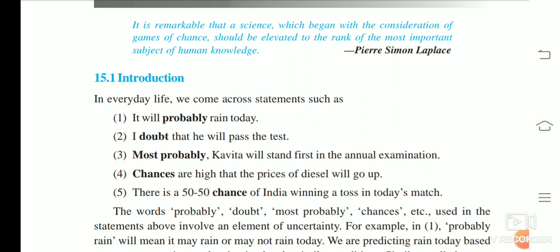So, we know the meaning of the words. Now we are going to relate these words to probability in mathematics. Words like probably, chance, most probably have different meanings in English, but here we are going to discuss chance or probability using numbers.